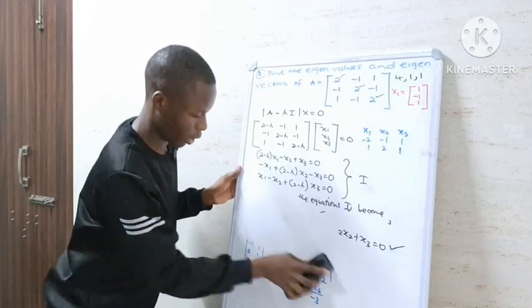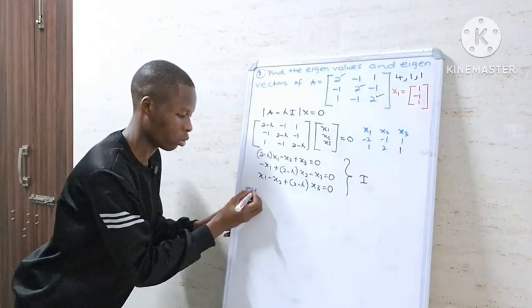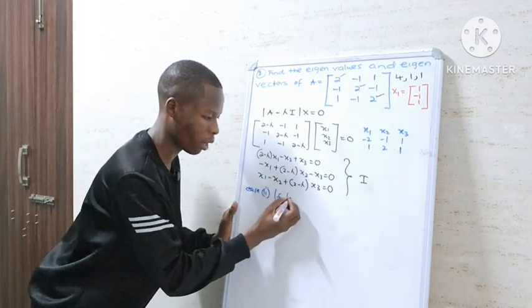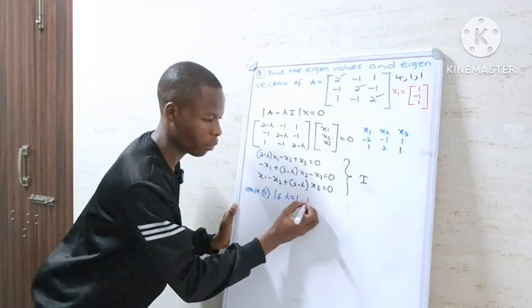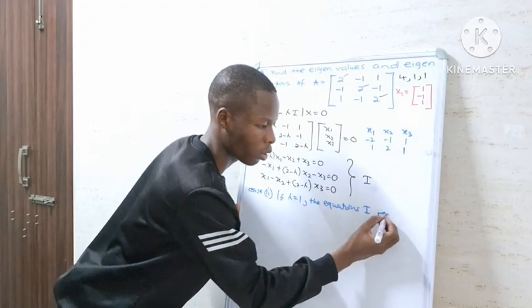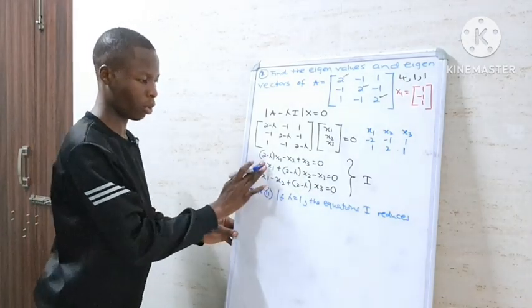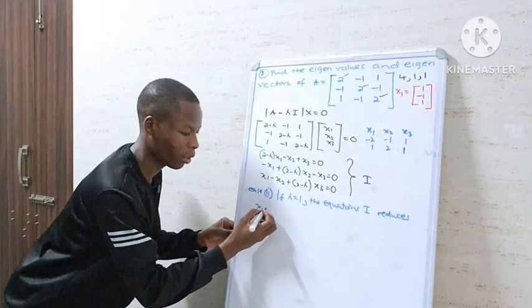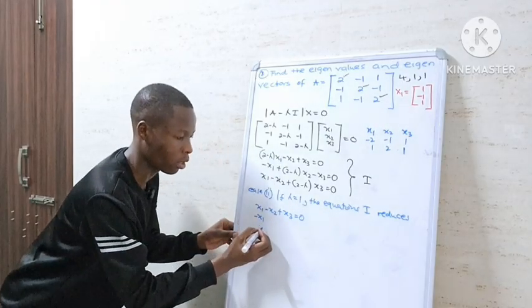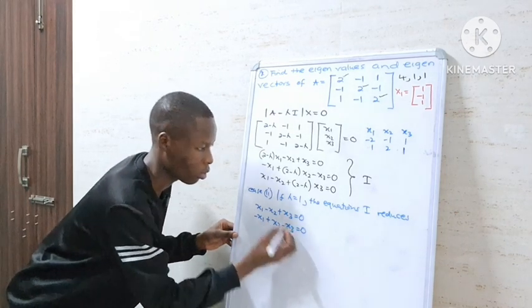Case number 2. If lambda is equal to 1, the equation becomes x1 minus x2 plus x3 is equal to 0. This one is negative x1 plus x2 minus x3 is equal to 0.